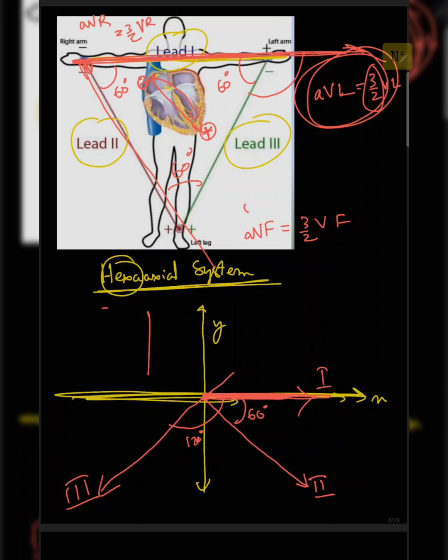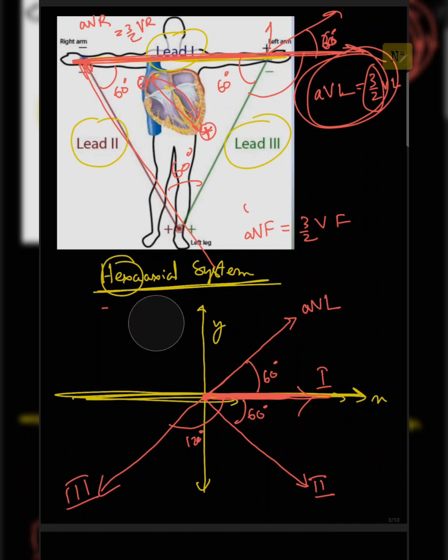You always have to think that it has a value a little bit higher than the lead 1 potential. So you extrapolate the value of the augmented, sorry, not 30 degrees but at least 60 degrees to that of lead 1. That is the left arm.